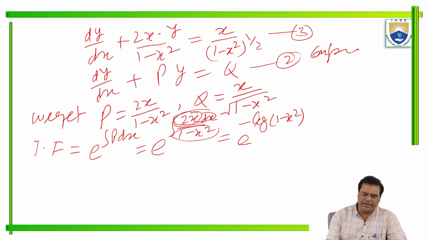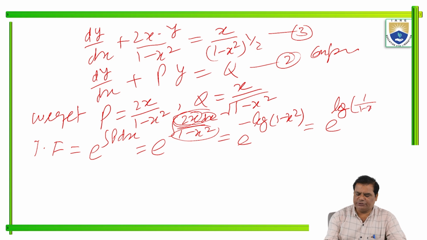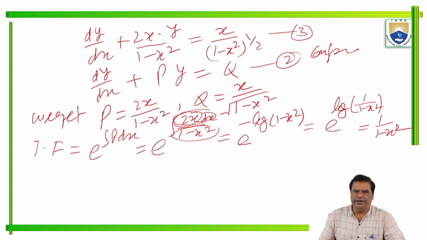The differential of 1 minus x square is minus 2x dx. So we can write e to the power log 1 upon 1 minus x square, so IF is 1 upon 1 minus x square. This is the integrating factor.